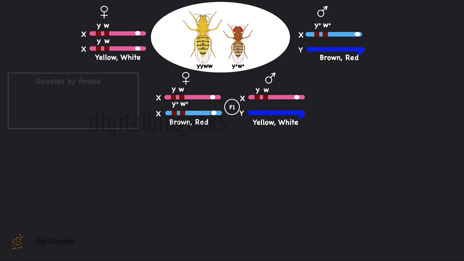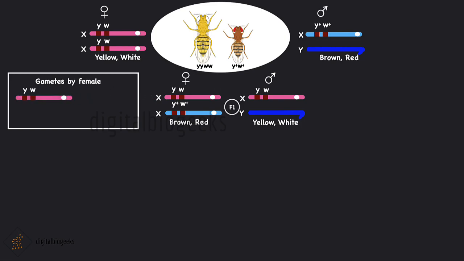Now let's understand the gametes formed by each of them in F1 generation. In female, one gamete contains the recessive y and w. Second one contains the dominant y plus and w plus. In the third gamete, crossing over between y plus and w happens and the resultant genetic combination will be y plus dominant and w recessive.